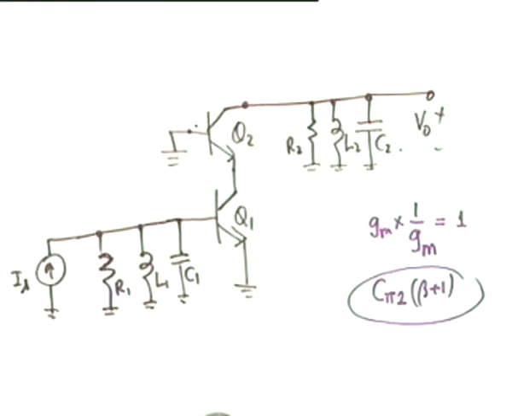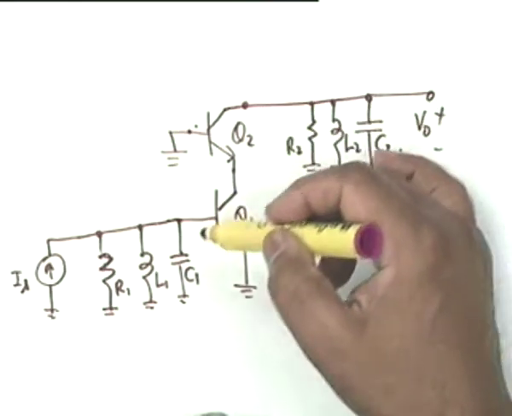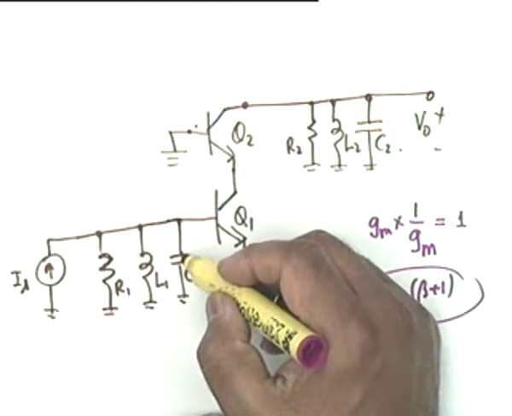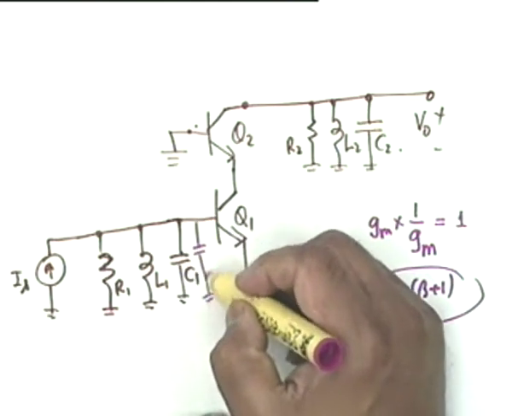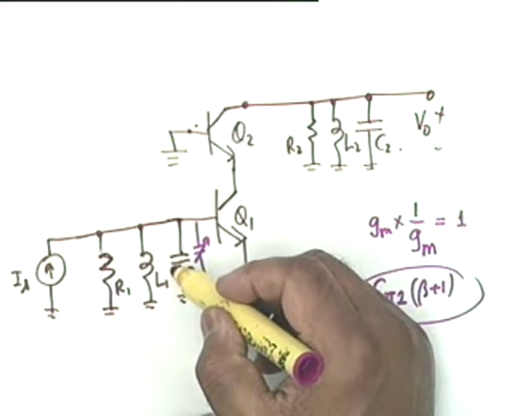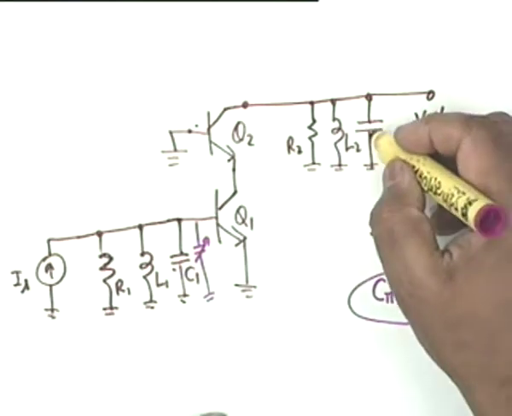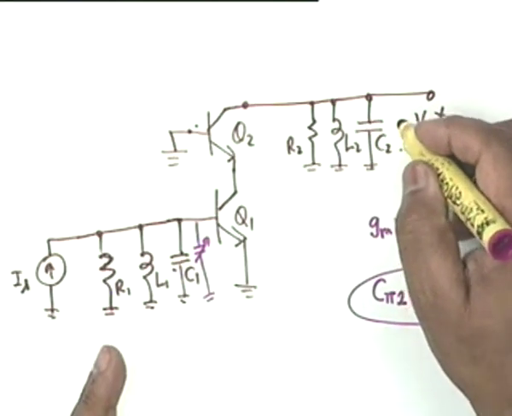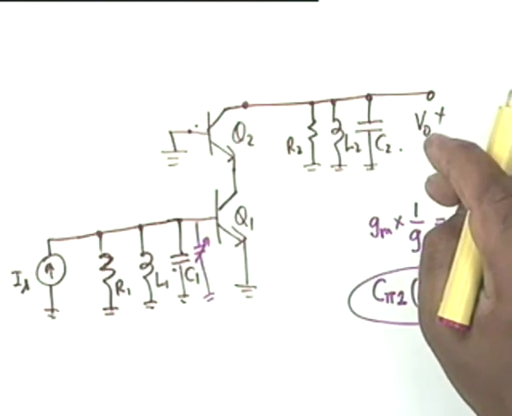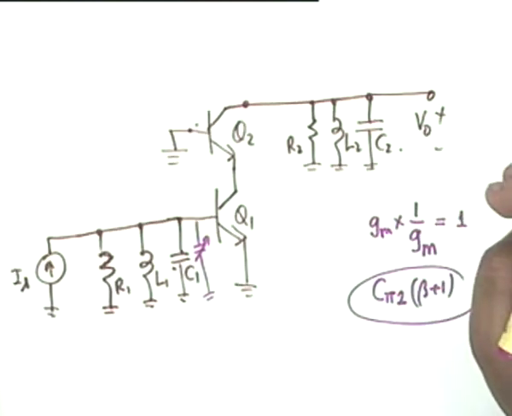So C mu does not have much of an effect here, and if these effects are taken into consideration, that is, if you use a small trimmer here, or maybe C1 itself is variable and C2 itself is variable, then you can tune the two circuits to exactly the same frequency, and you can get a sharpening of the frequency response.